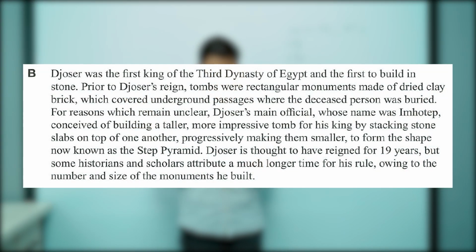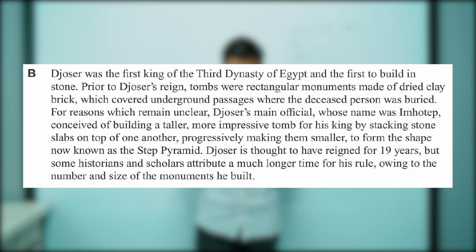So, now paragraph B. Djoser was the first king of the 3rd dynasty of Egypt and the first to build in stone. Prior to Djoser's reign, tombs were rectangular monuments made of dried clay bricks which covered underground passages where the deceased person was buried.